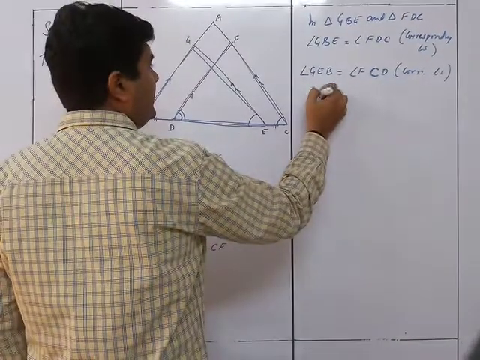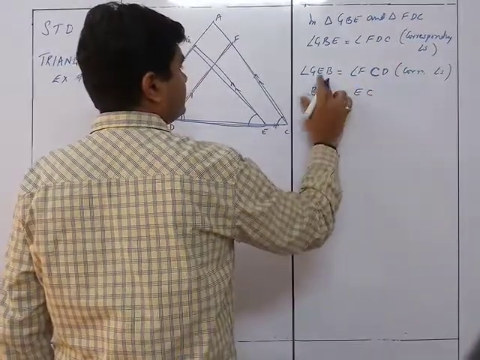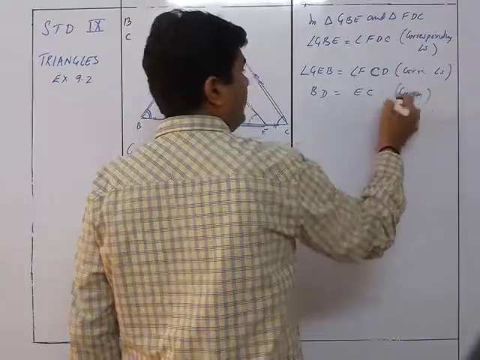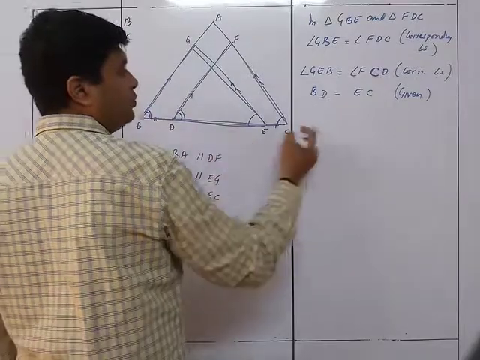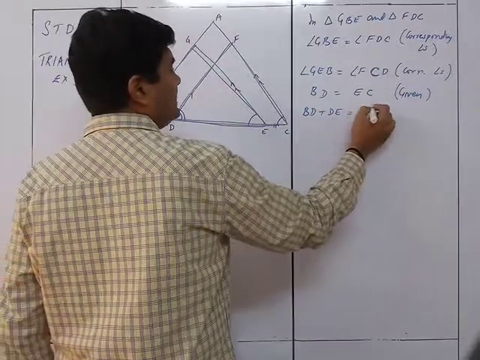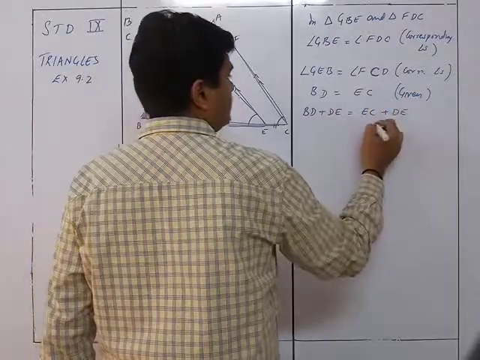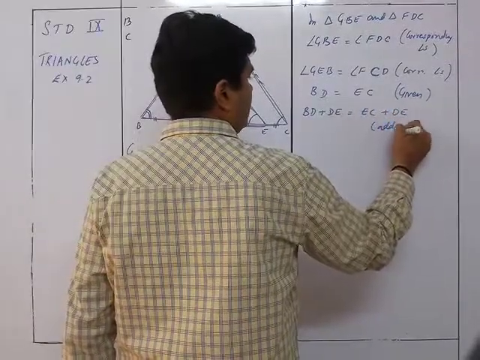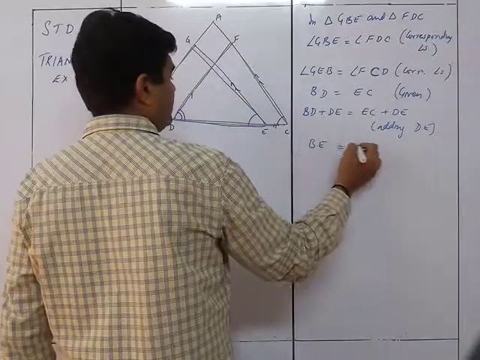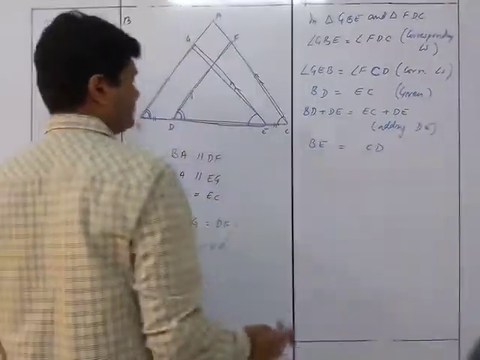Next we have BD is equal to EC, which is given. And now if I add DE to both, I get BD plus DE is equal to EC plus DE. So adding DE, we get over here BE is equal to CD.